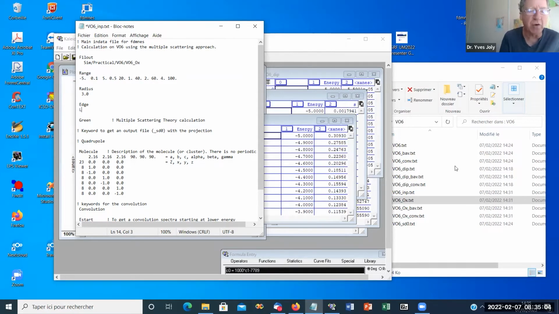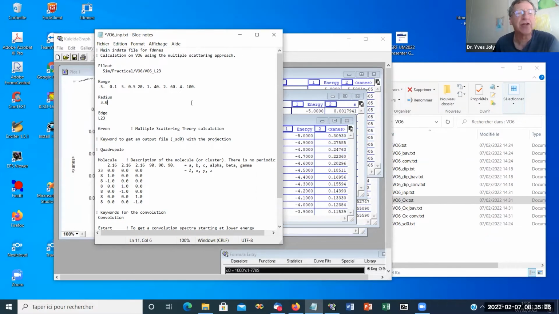For 3D elements, very often we are interested to have both L2 and L3 together. So if you write in that way, you will have both edges. So you can do it. As I mentioned, the code is not very good to calculate this kind of edge, but anyway, you can do it.